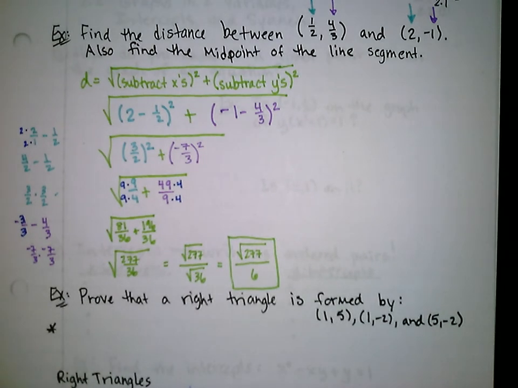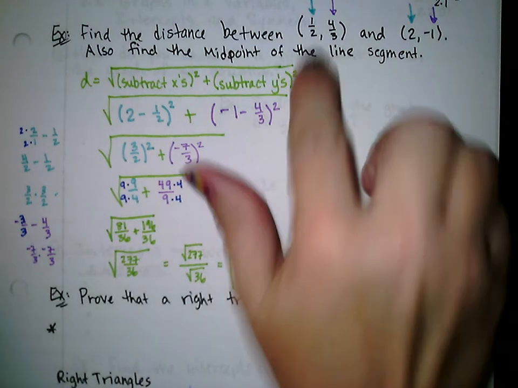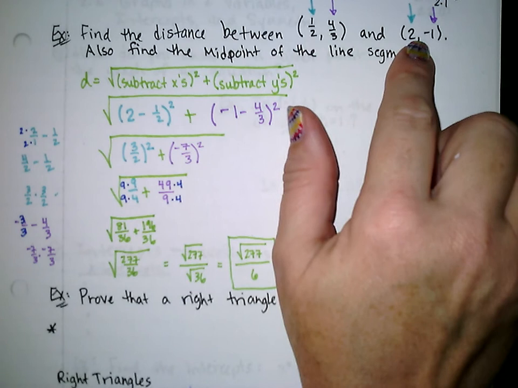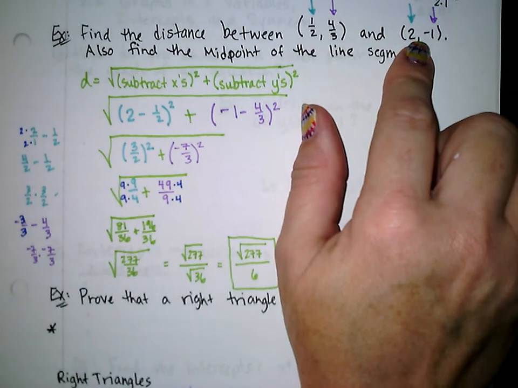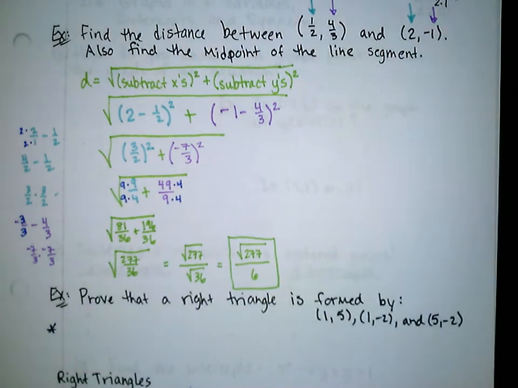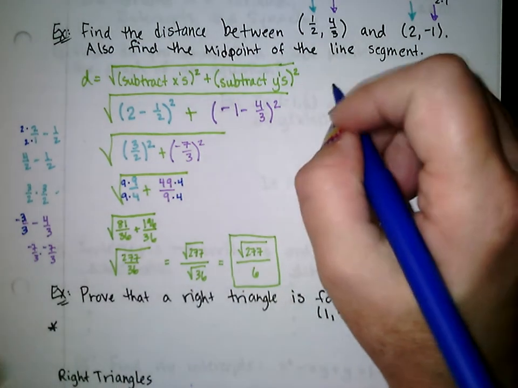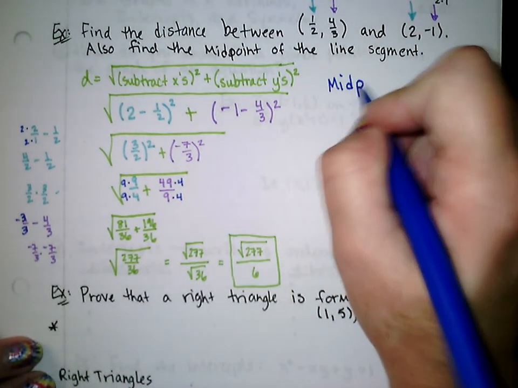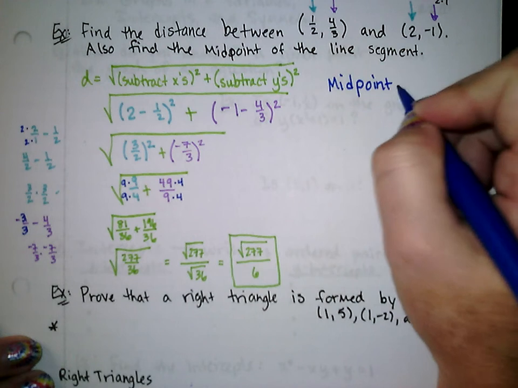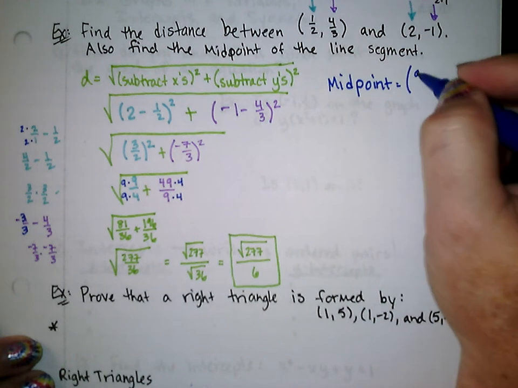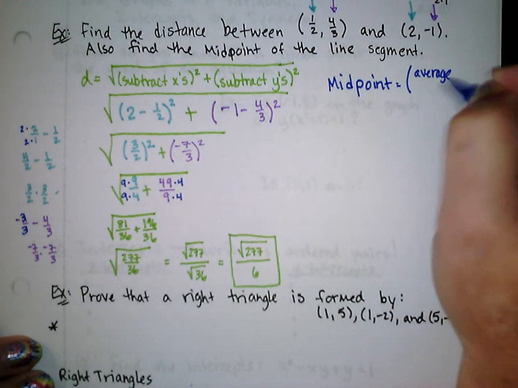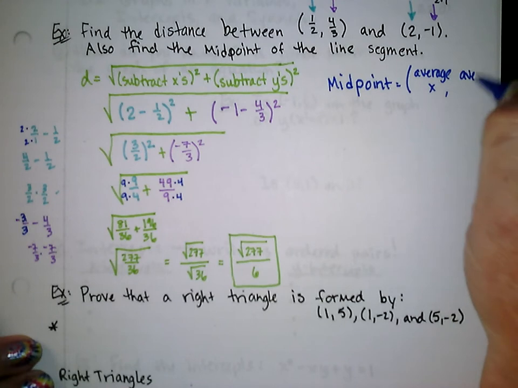So the midpoint between this ordered pair 1/2, 4/3 and 2, -1. Remember that midpoint is found by taking the average of the x's and the average of the y's.